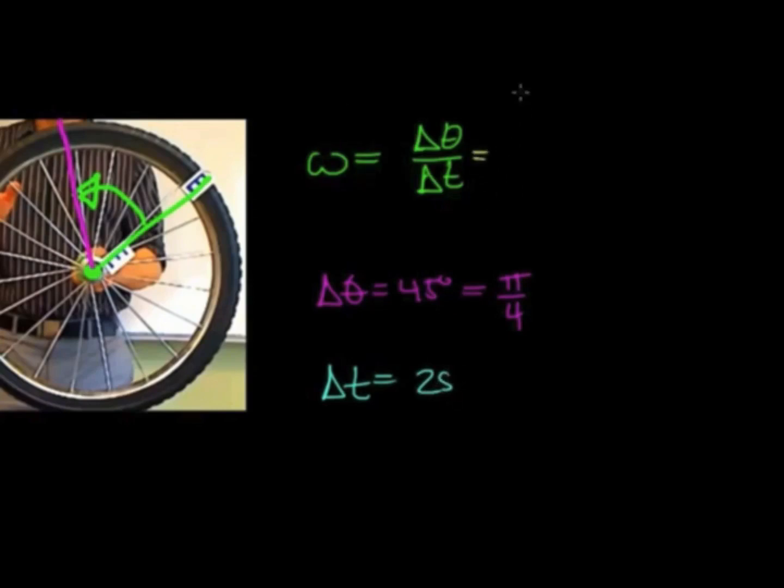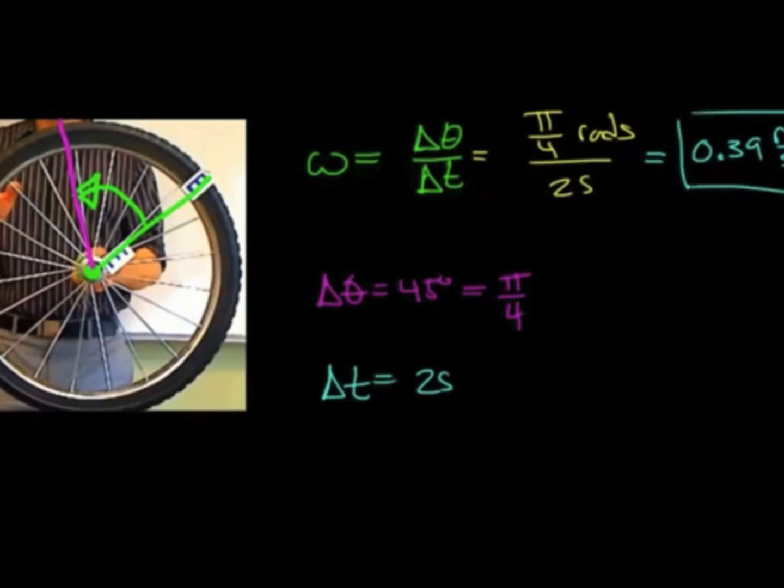To do that, we'd say that the angle is pi over 4 radians, divided by the time it takes to rotate through that angle, which is 2 seconds, and that equals pi over 4 divided by 2, which works out to be 0.39 radians per second. And that's the angular velocity of this object. Something I'd like to point out is that the angular velocity at this point and at this point are identical.